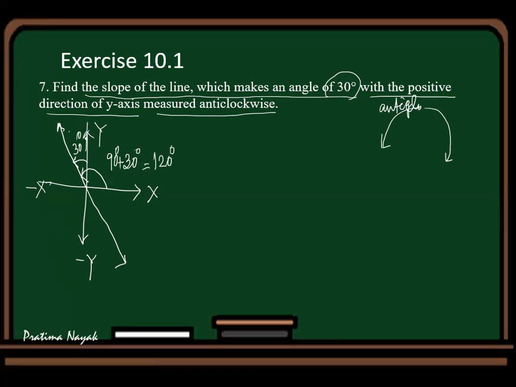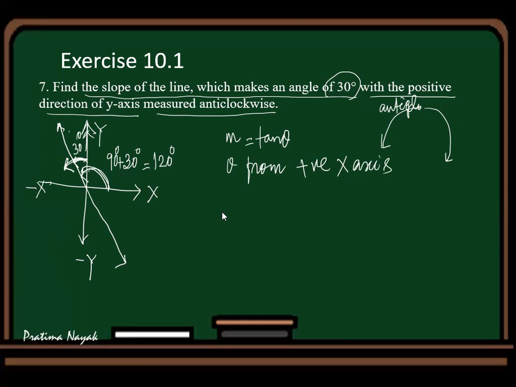First, we started from positive y, then anti-clockwise means we are going to the left, then we are calculating from the x-axis, because slope is tan theta when theta is measured from positive x-axis, not y-axis.